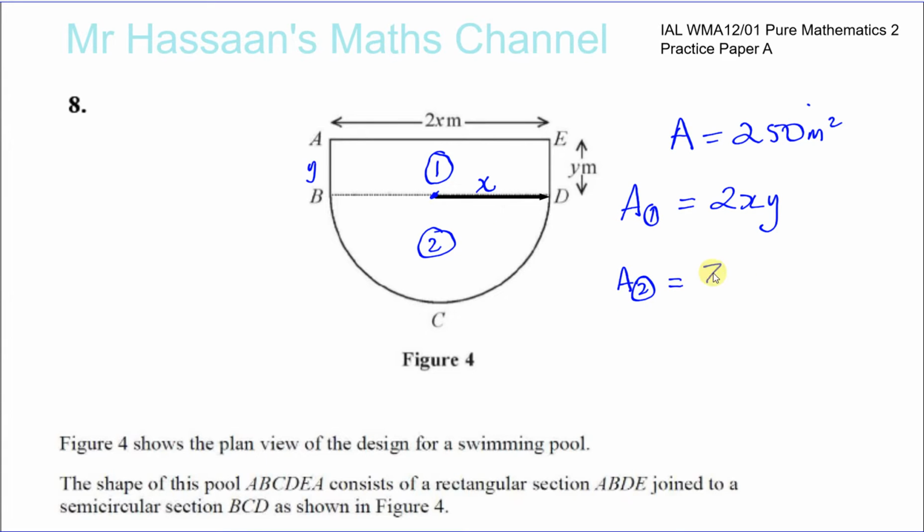Now the radius is x, so it's pi times x squared, but divided by 2, because it's half the area of a circle. So we can say then the sum of these two areas will give us 250. So I can say 2xy plus pi x squared over 2 is going to give us 250.